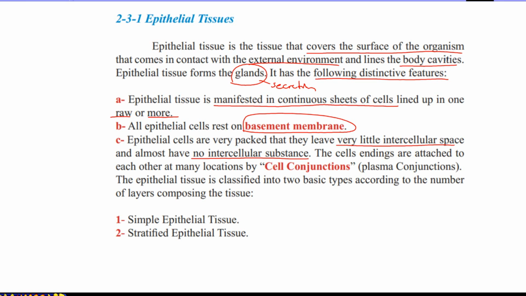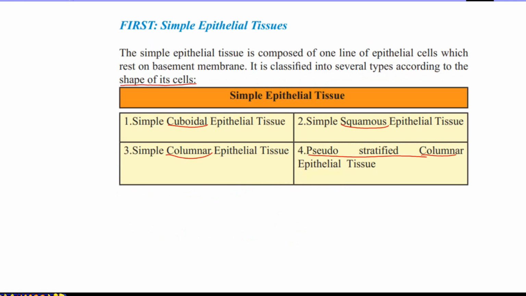The cells are attached to one another, in some locations, by cell junctions, and are classified into two basic types according to the number of layers. If there is only one layer, we call it simple epithelial tissue, but if there is more than one layer, we call it stratified epithelial tissue.